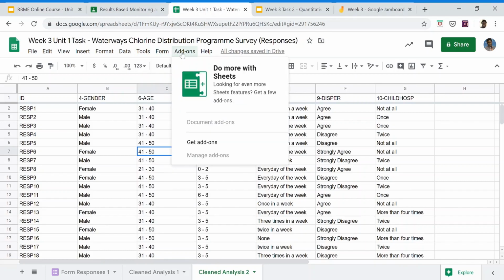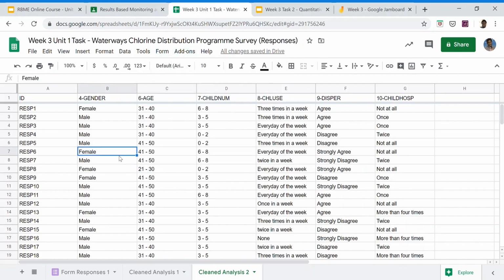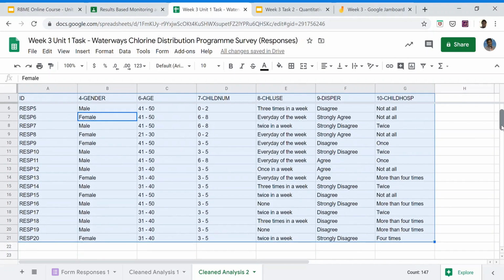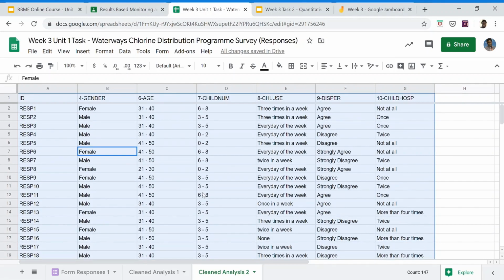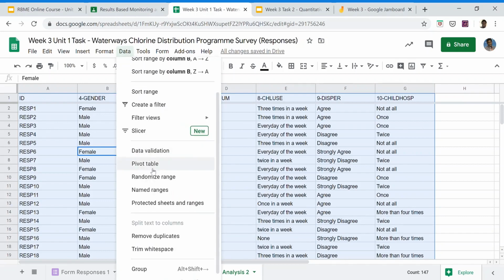So one thing you need to think about is, yes, we've prepared a table already. So make sure you select all with Control A. Then you click on data, and you see pivot table here.